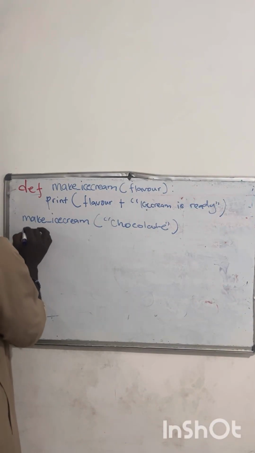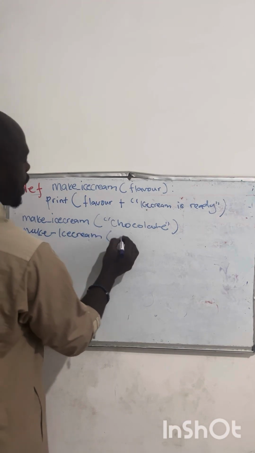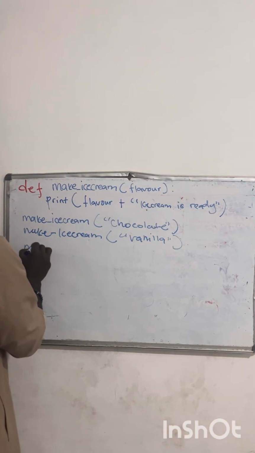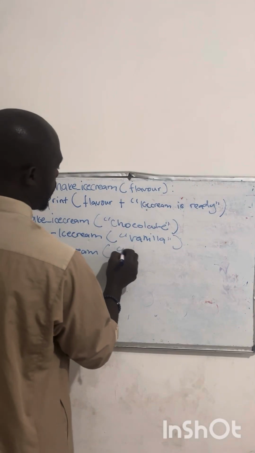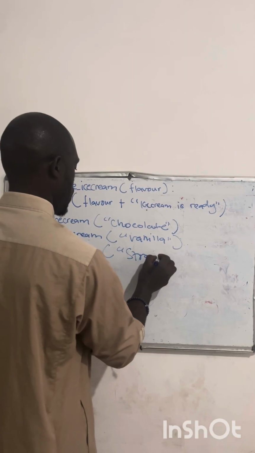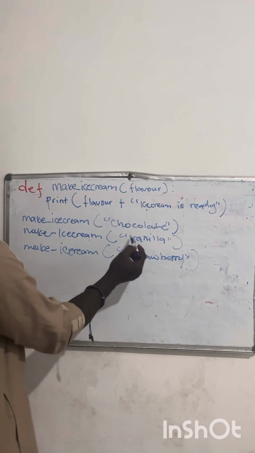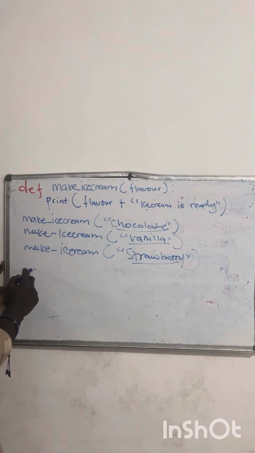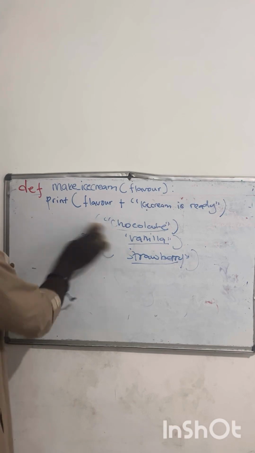So you can say make ice cream vanilla, make ice cream chocolate, vanilla. You can say strawberry. So you see, you just have to insert the flavor of the ice cream you want, and it will be printed by our function. Okay, we are going to do it practically as well.